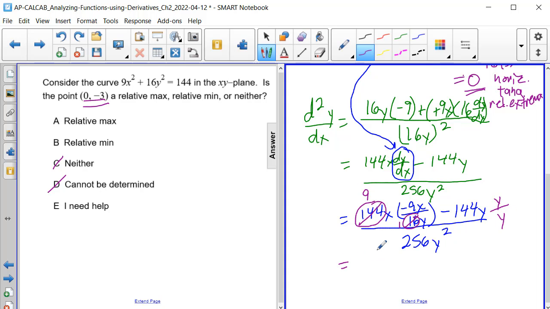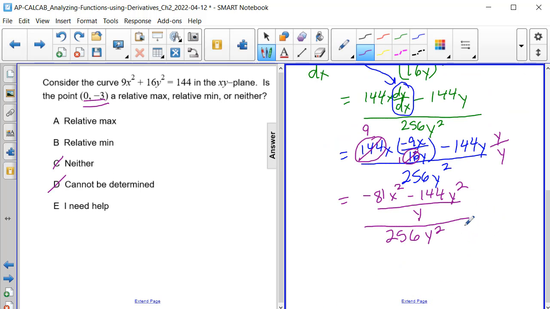And now when we evaluate this and simplify, we will get negative 81x squared minus 144y squared, all divided by y. And then that is all over 256y squared. And now we are going to multiply both the numerator and denominator by 1 over 256y squared.